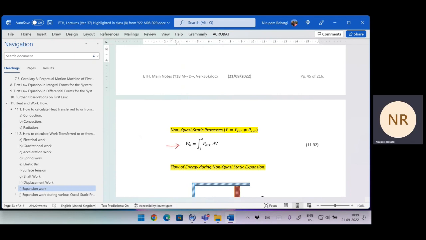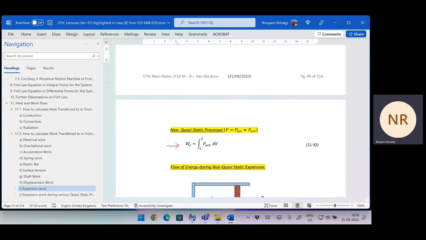Now that's a different thing, whether you know the external pressure or not. If a question comes and I give you a question where one of the answers is that the question cannot be solved, but if you solve it wrongly, you get negative marks.